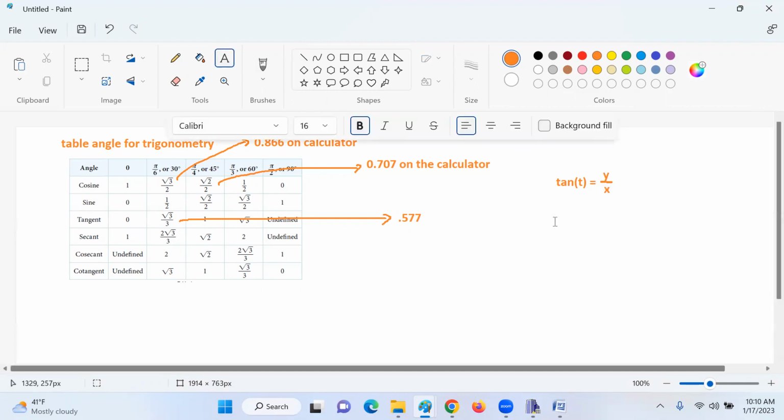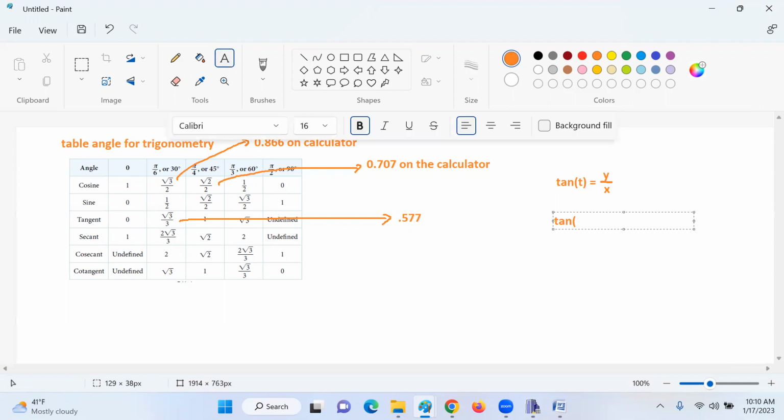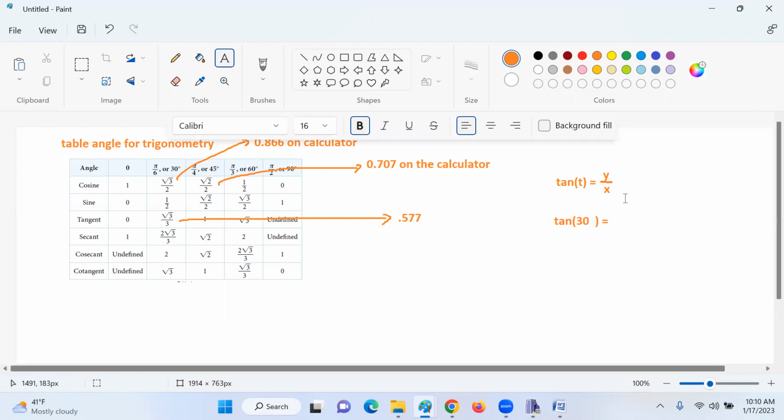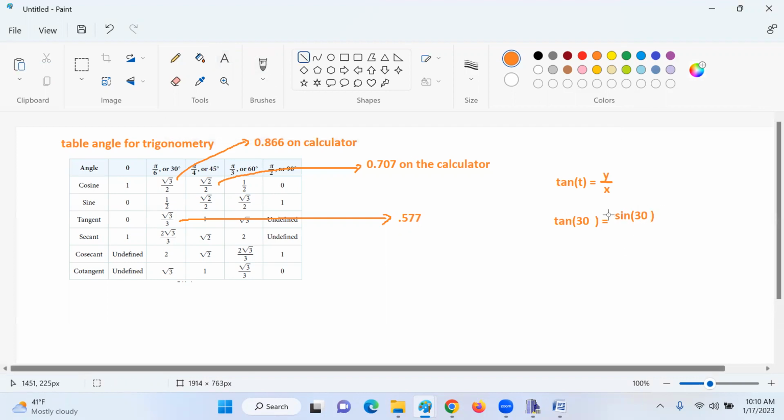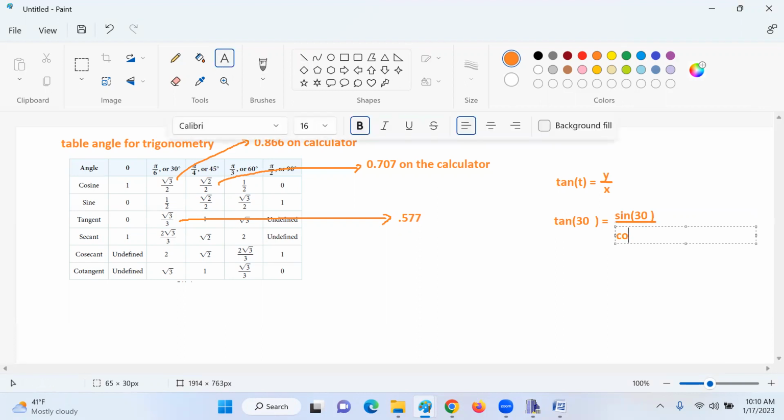That's also essentially going to give us the tan of 30 degrees as well, which will be sine of 30 over cosine of 30 degrees.